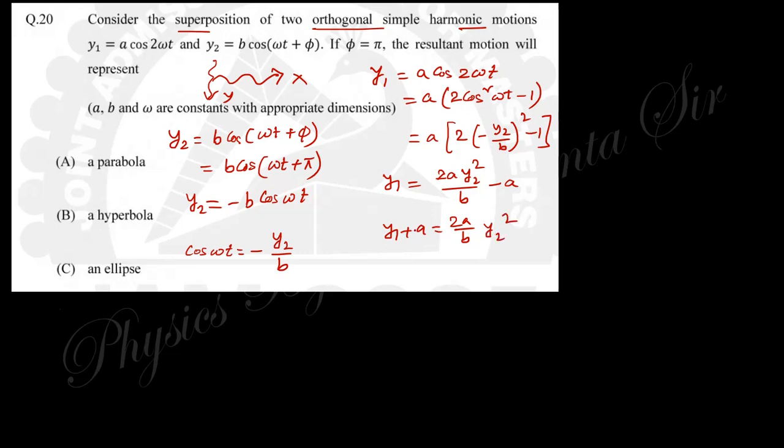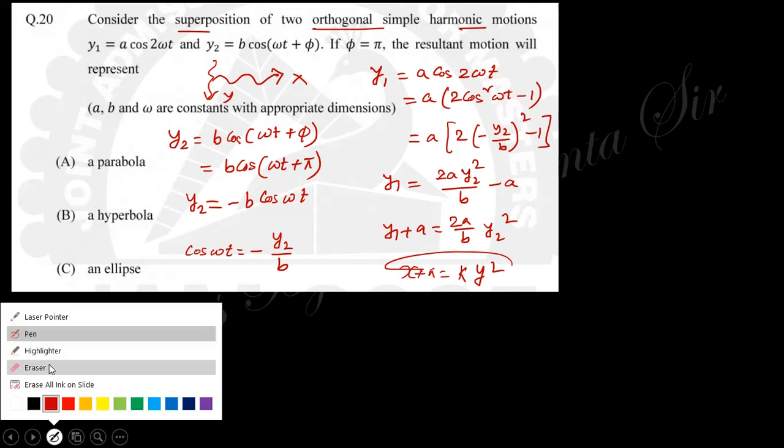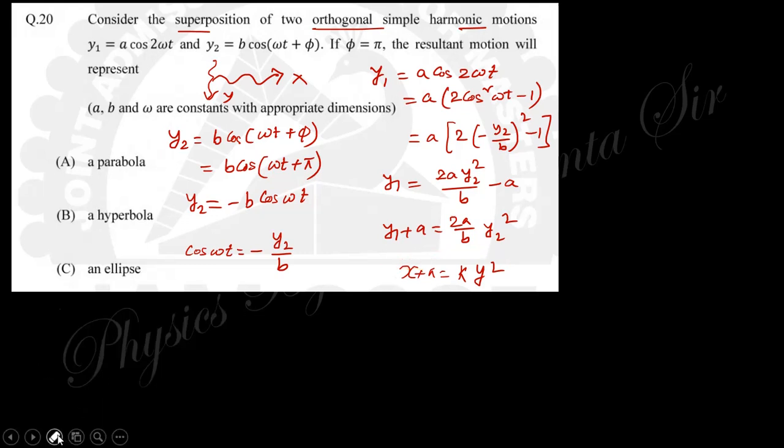If we consider y1 along x and y2 along y, then x plus a equals some constant times y square. So this is nothing but the equation of a parabola. So the answer of this question will be option A. I think this solution is clear.